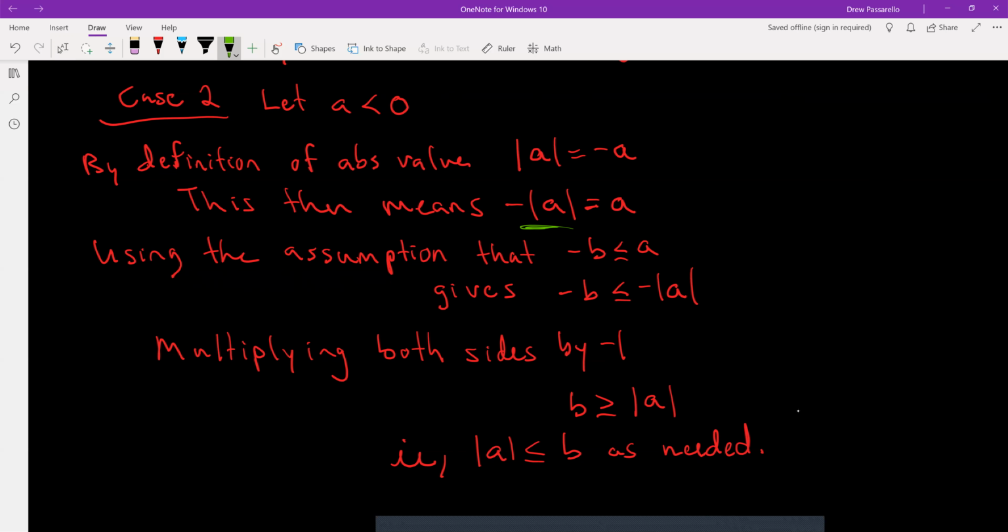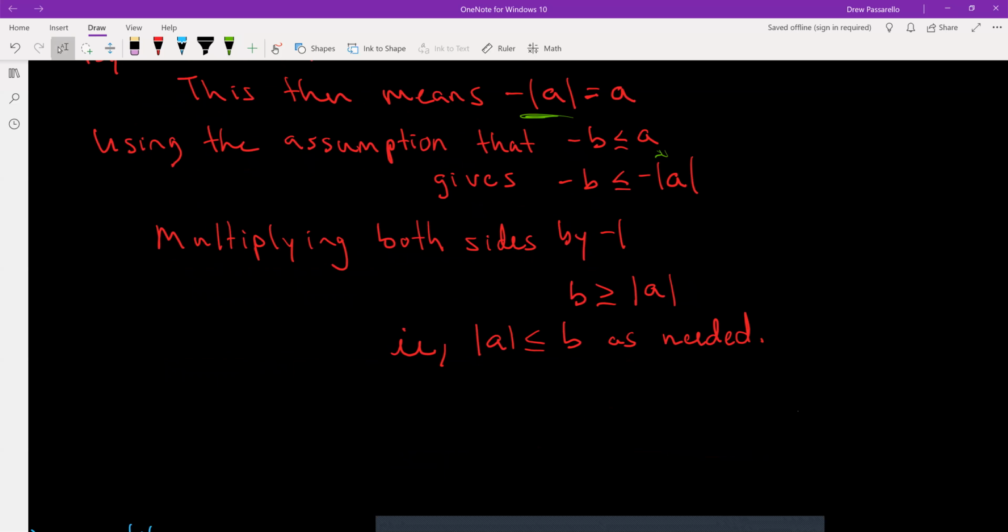Instead of a right here, I have negative absolute value of a. So negative b less than or equal to negative absolute value of a, which multiplies both sides by -1 and flips the inequality sign, making use of Roman numeral 4, which gives us b is greater than or equal to the absolute value of a. In other words, absolute value of a is less than or equal to b.